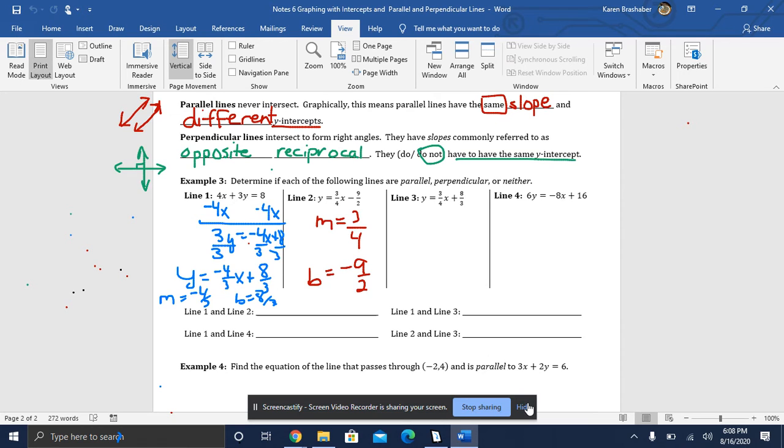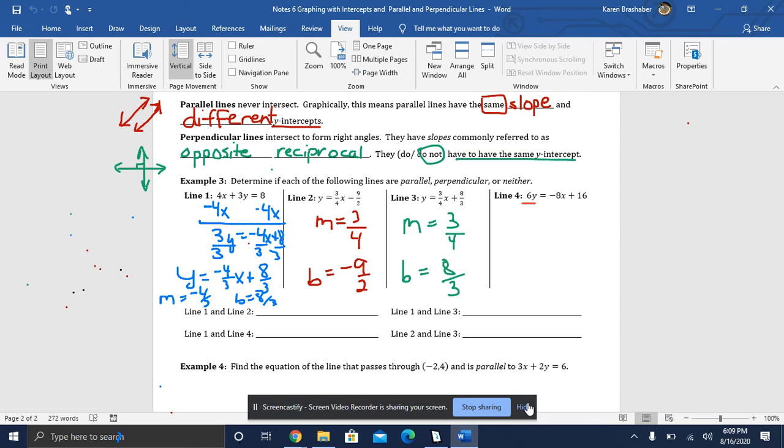Our third one is also solved for y. So we need the slope m, which is 3/4, the number in front of x, and b, which is 8/3. And finally, our last one needs to be solved for y.